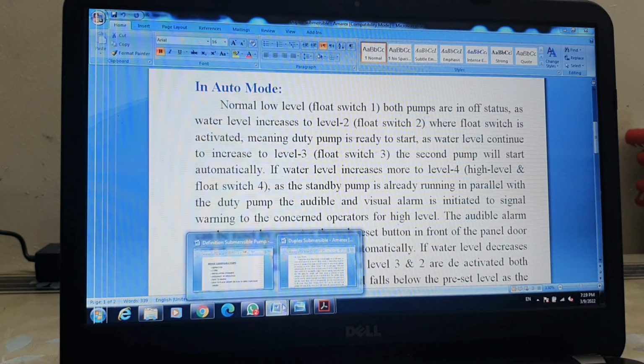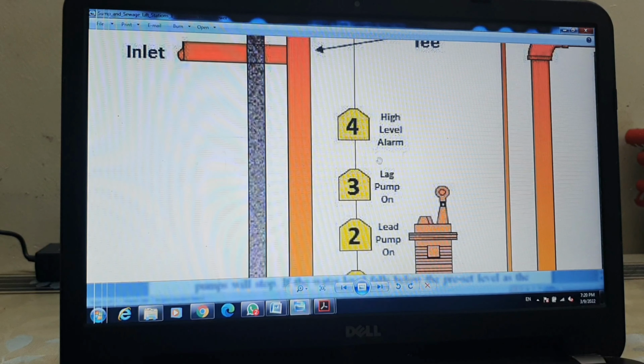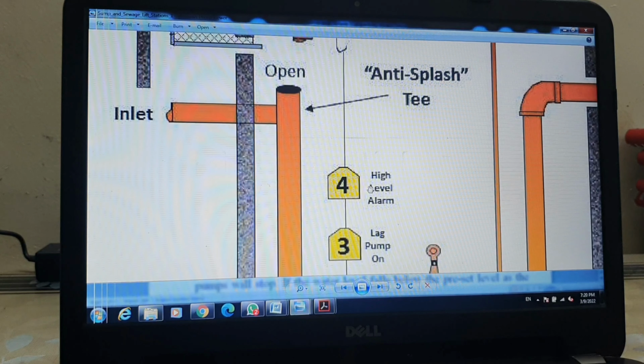So what will happen if the water level is still increasing and reaches level 4? The visual alarm will start buzzing, and the operation and maintenance department will come and check what the problem is. So friends, this is the sequence of operation for these submersible pumps.